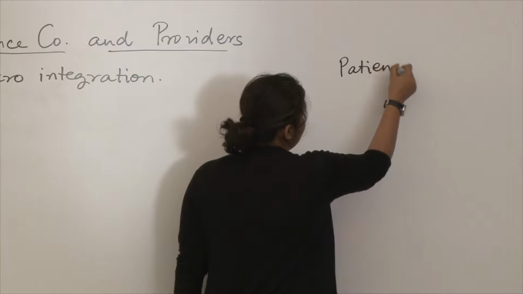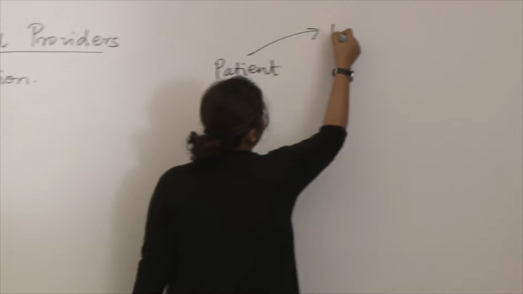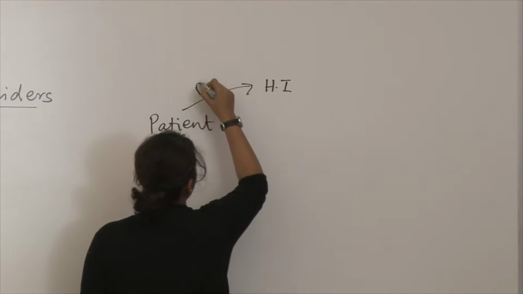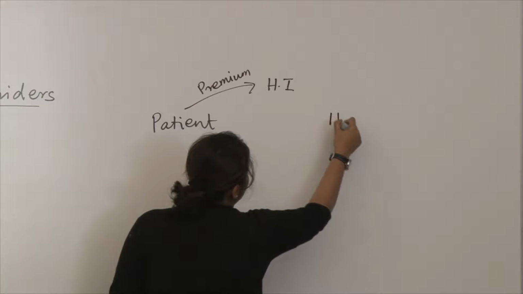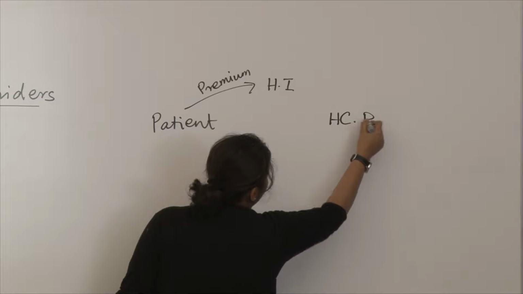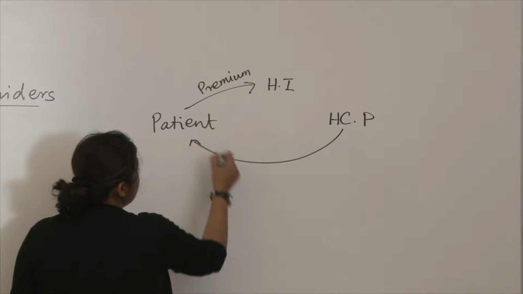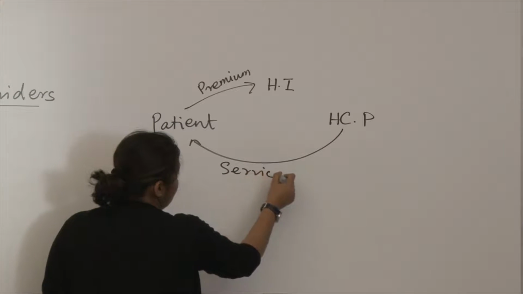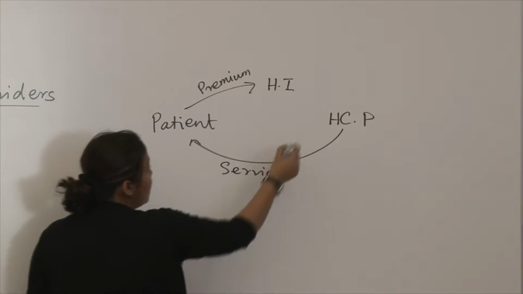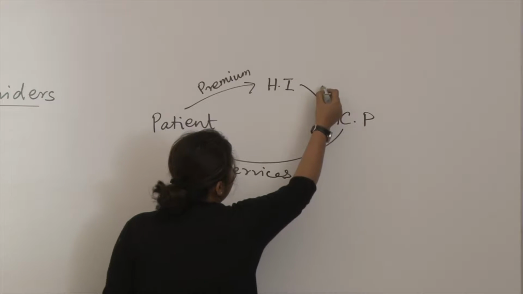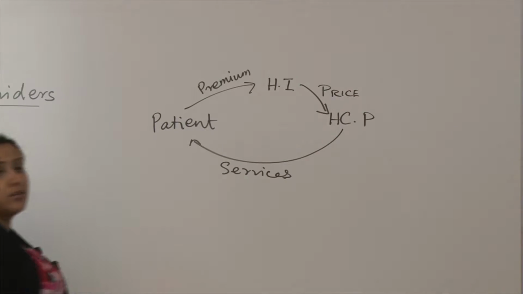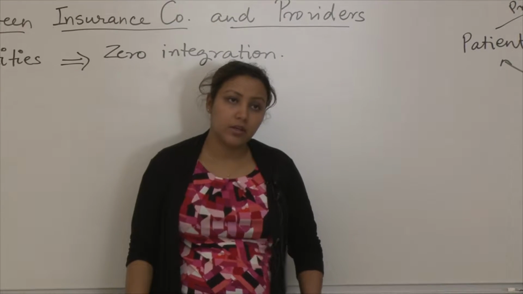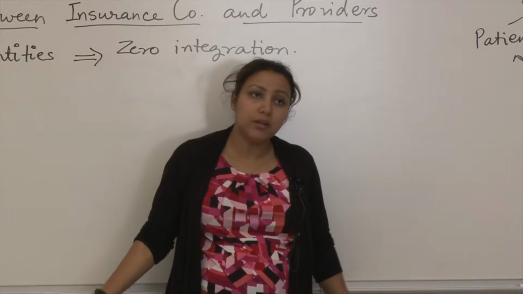The patient pays the premium to the health insurance company. The healthcare provider provides the services to the patients, and in return receives a certain negotiated price from the health insurance company. Okay? That's the only thing that is happening.